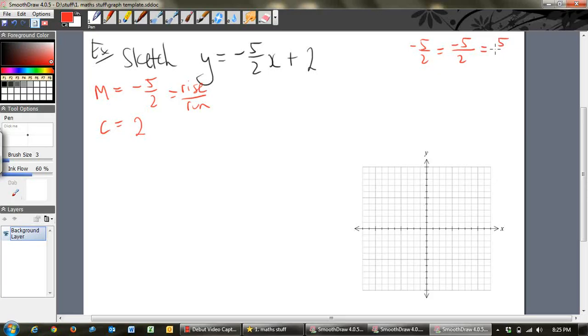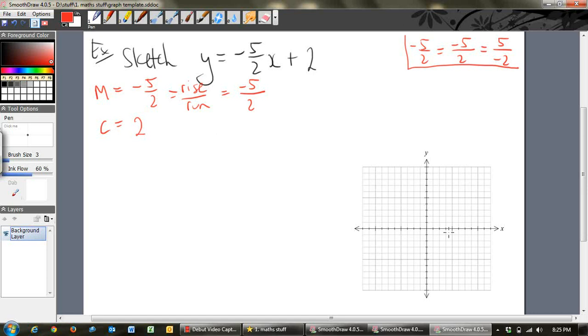It's also equal to 5 divided by -2. These are all the same thing. If it helps you to write it like that, it might be easier so you can clearly see that the rise is -5 and the run is 2. Whereas here, you might not be able to see that. Good.